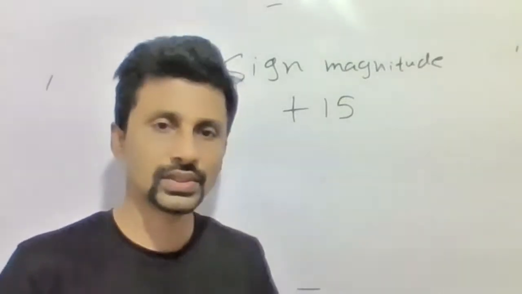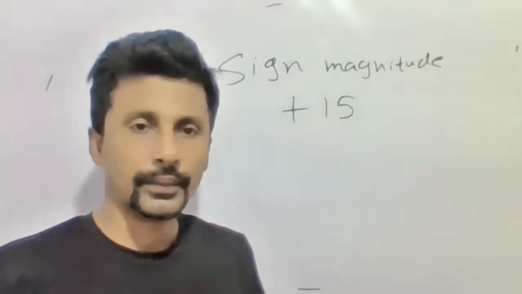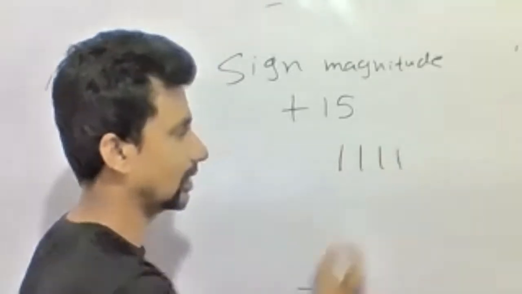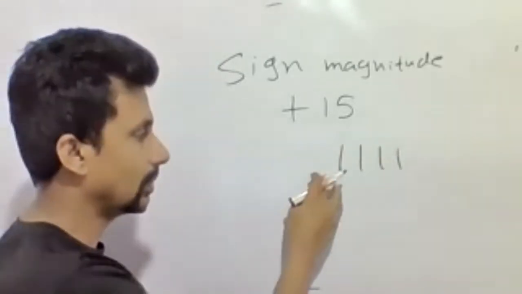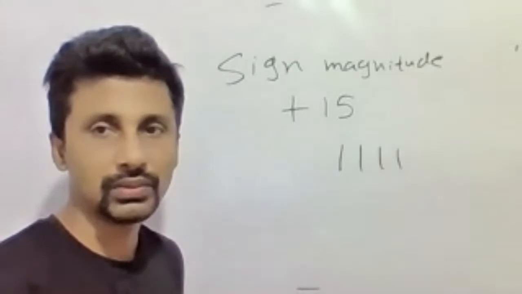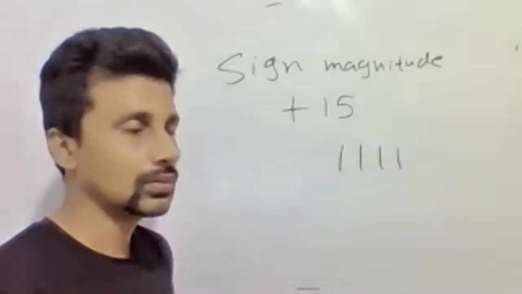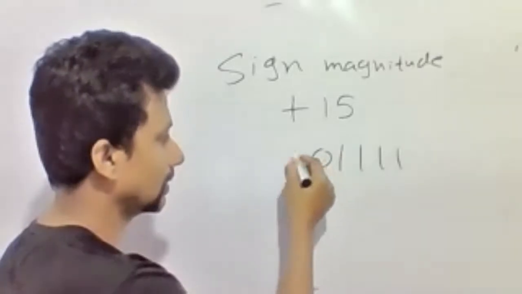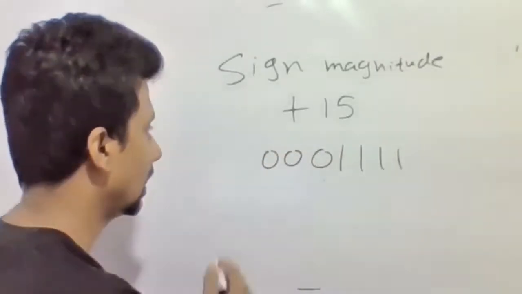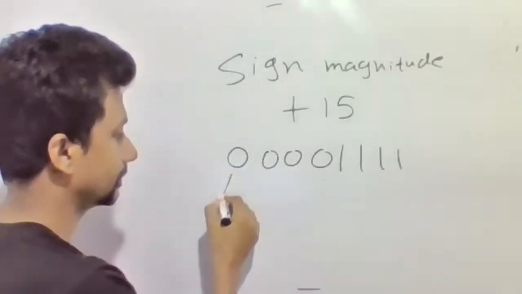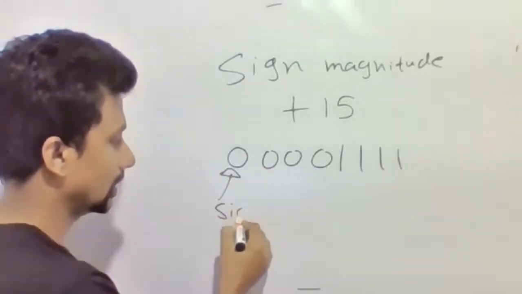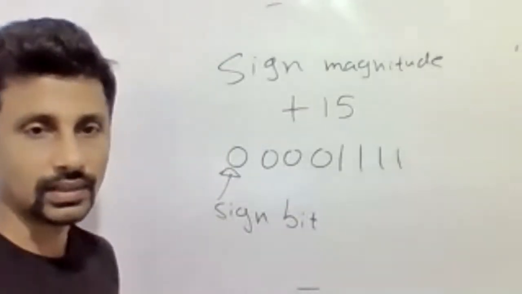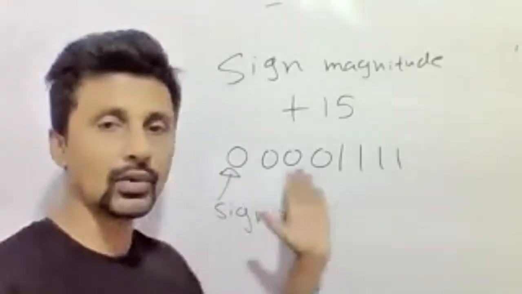So when you take positive 15, if I convert it to binary, your value is 1111, right? Then I have to make it 8 bits. Usually we are using 8 bits to represent these values. So I am using another 3 bits, and the last bit, this is called sign bit. So we have 8 bits here.